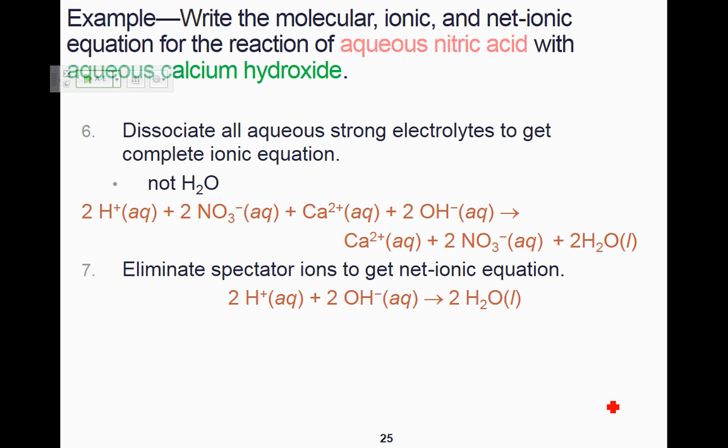Now notice this isn't our lowest whole number ratio, so our actual net ionic equation is H plus aqueous plus OH minus aqueous gives us H2O liquid. That's true for all acid-base reactions where the salts are soluble. So that's pretty much going to always be your net ionic equation, as long as it's a neutralization reaction.